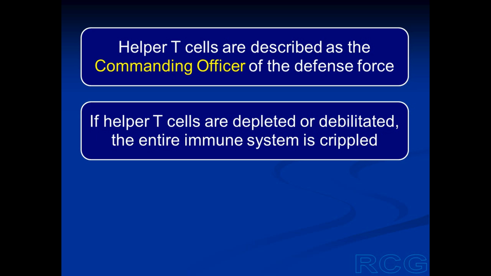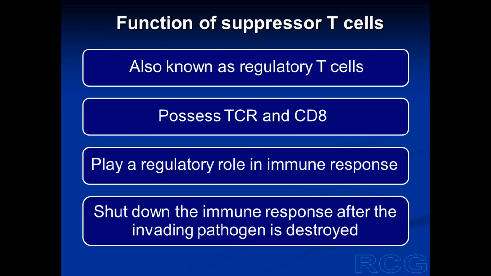And therefore, the helper T cells are described as the commanding officer of the defense force. If helper T cells are depleted or debilitated or destroyed, the entire immune system will be crippled.